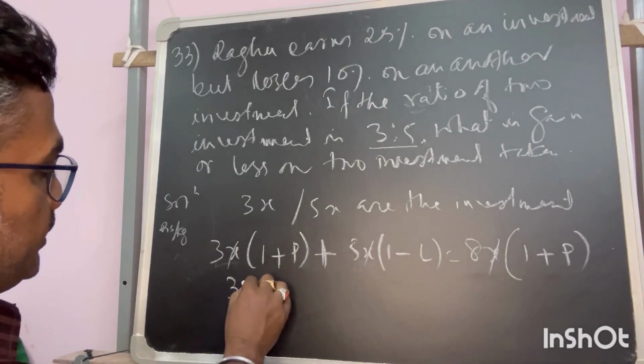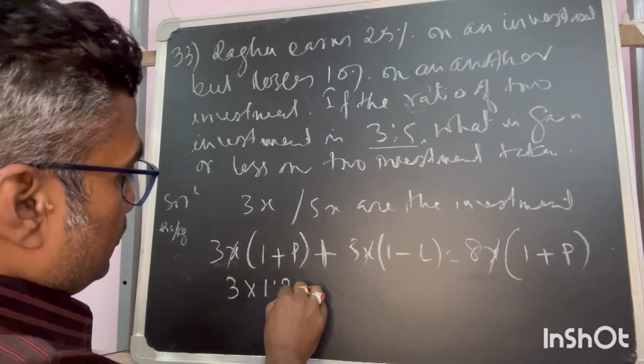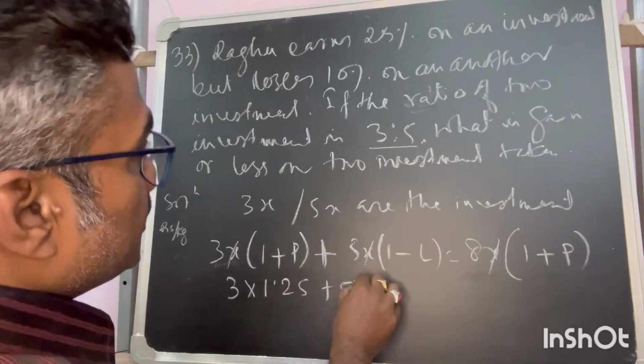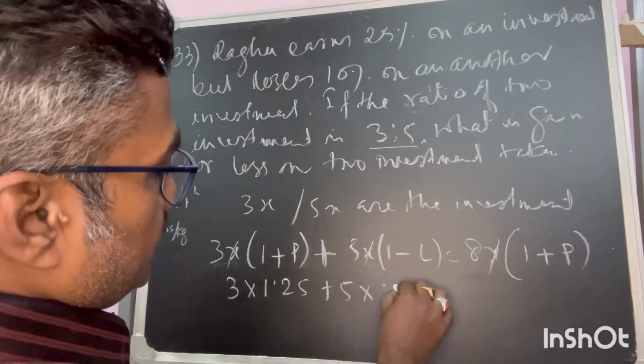So here 3 into 1 plus P, that means equal to 1.25, plus 5, this is 10% loss, means 0.1, so that will give you 0.9.